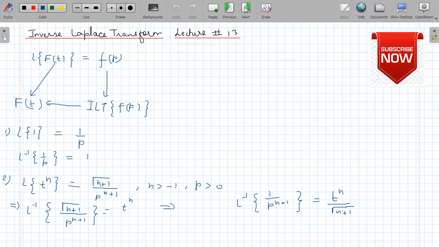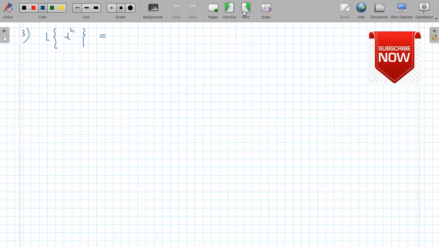Let me write the formula first of all. Laplace transform of t raised to the power n is n factorial divided by p raised to the power n plus 1 if n is a positive integer. In that case, gamma(n plus 1) can be written as n factorial.